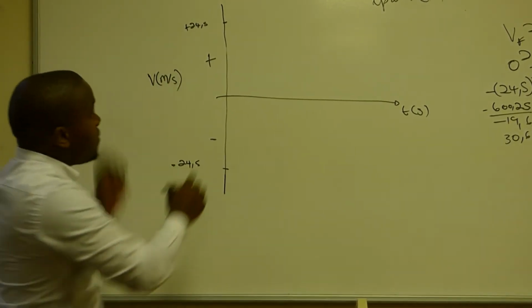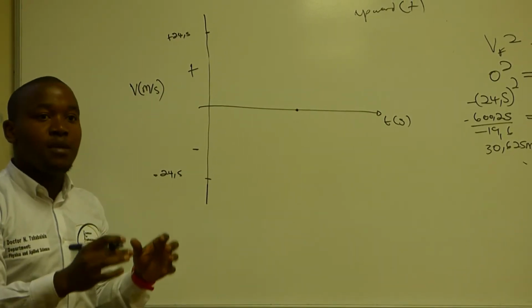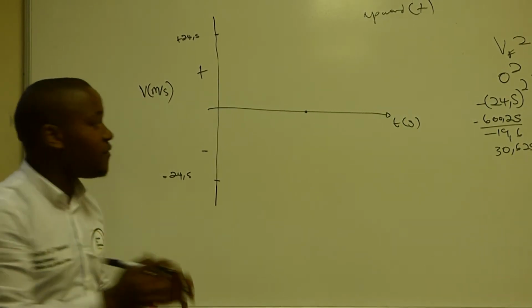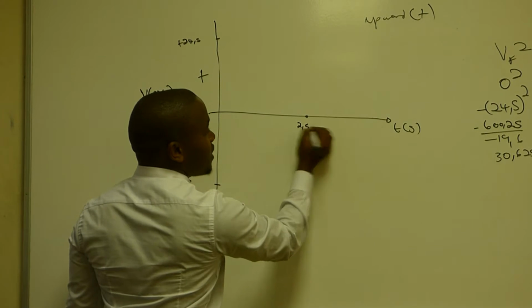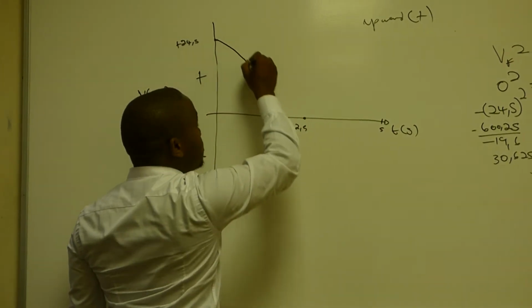Good. Now, here it will be the time it took for my projectile to reach the maximum point. What is that time? 2.5 seconds. So here I have 2.5 seconds, here I'll have 5. Right? So I have that.